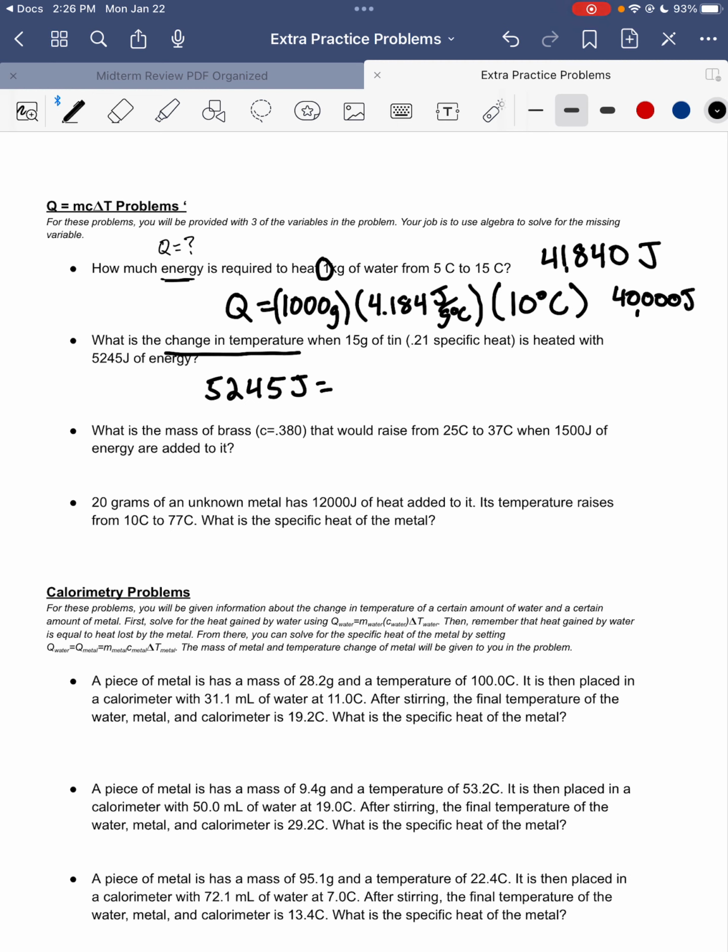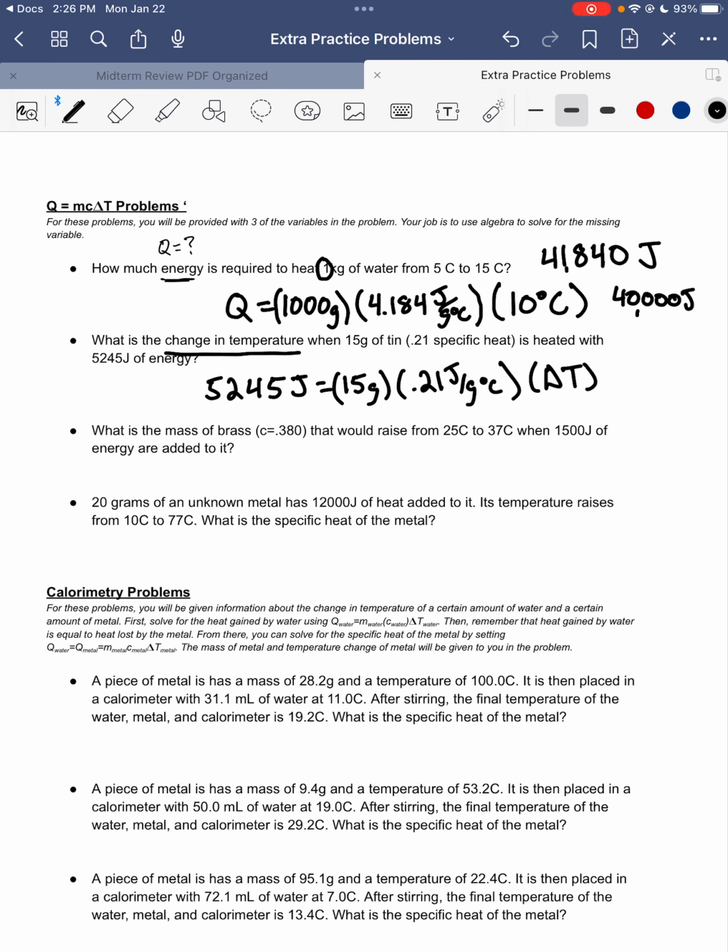My M is the mass of my substance, which in this case is 15 grams. My C, which is my specific heat capacity, is 0.21 joules per gram degree Celsius, and I'm looking for my delta T, which is my change in temperature.